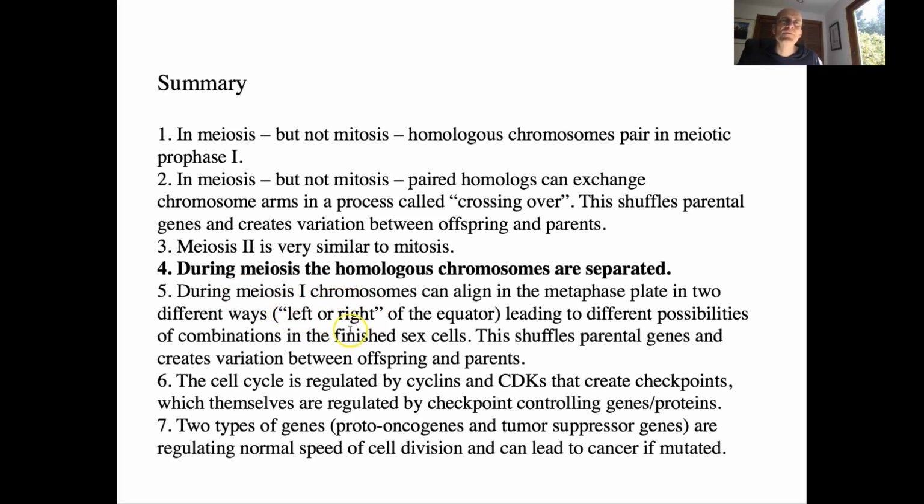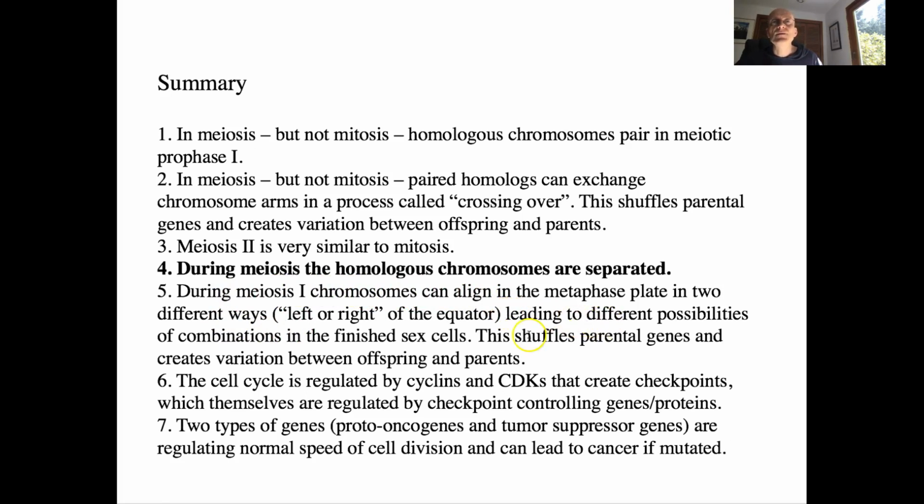I say here left or right of the equator. That was the picture that I showed you where we had the blue and the red, and you could have either only blue chromosomes or only red chromosomes, or as the other option, a mixture of blue and red chromosomes. So that is what I say here can happen.